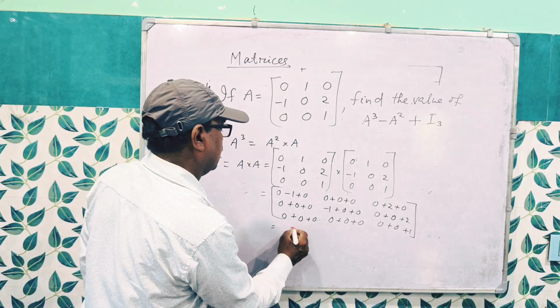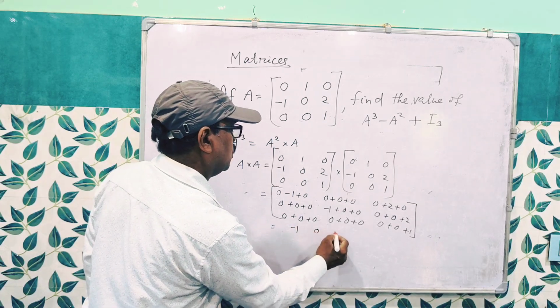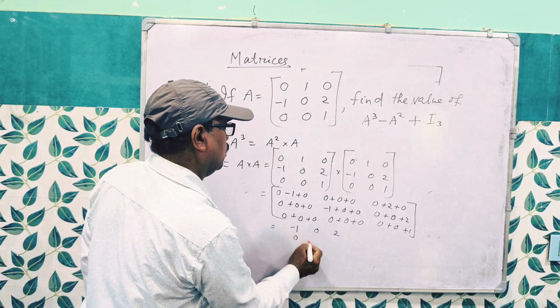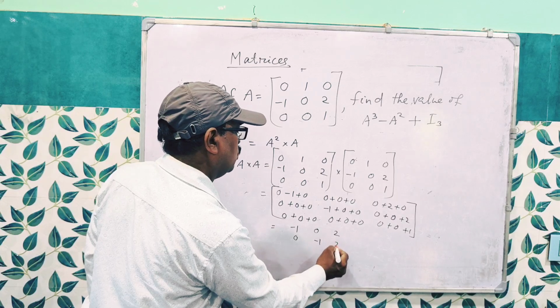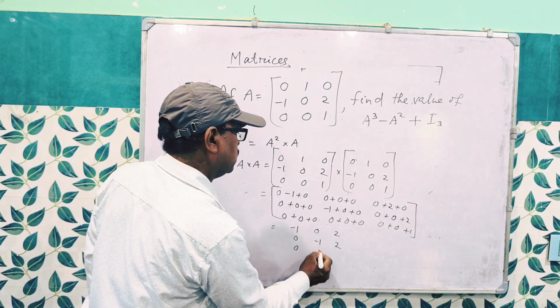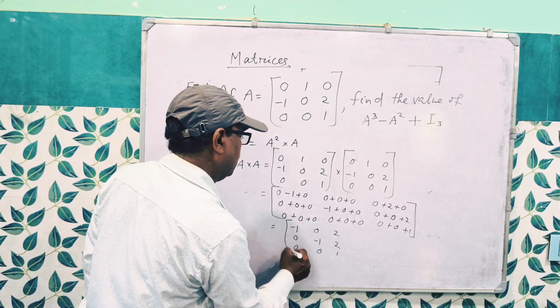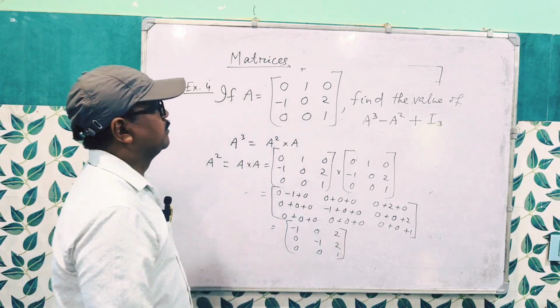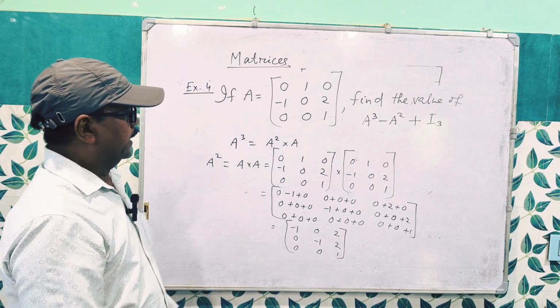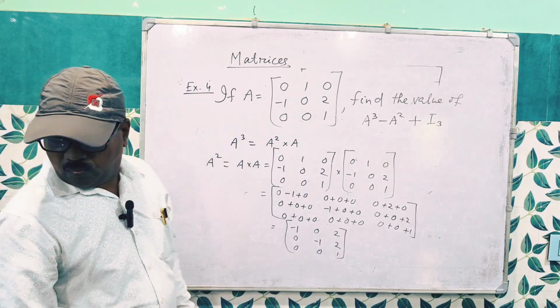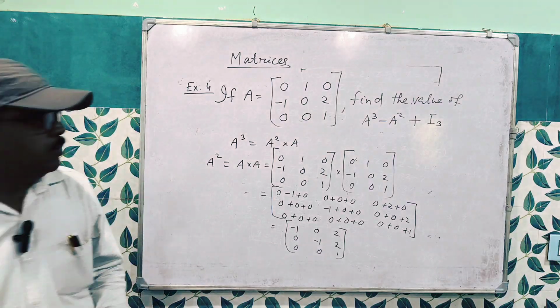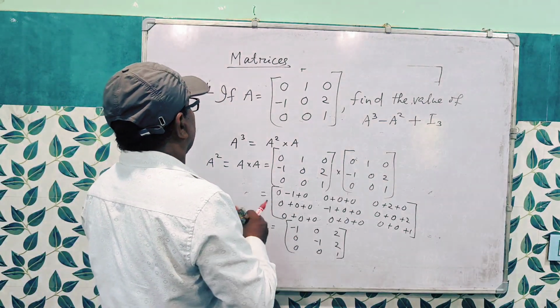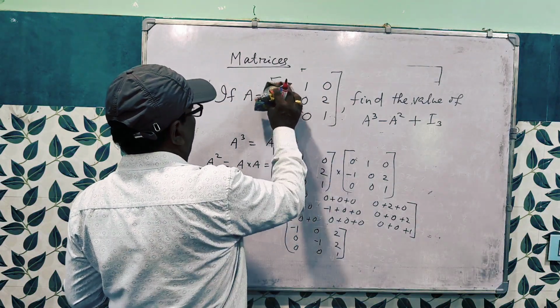And by simplifying, minus 1, 0, 2; 0, minus 1, 2; 0, 0, 1. Clear? Again, A cube. What is A cube?